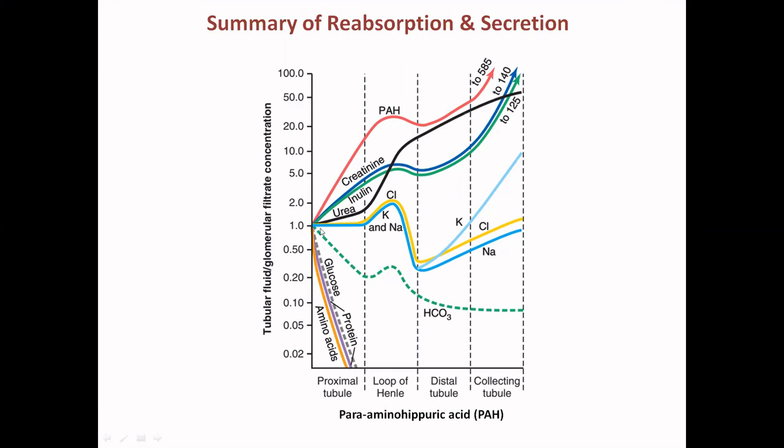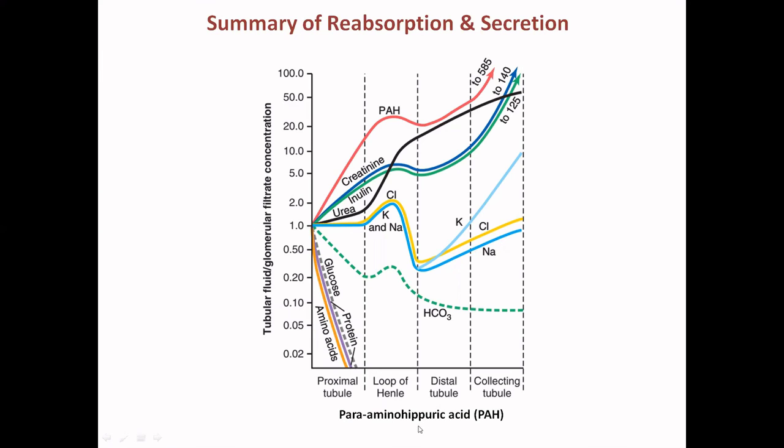PAH, creatinine, inulin, and urea are all found more in the tubule than in the glomerular filtrate in the proximal tubule. Sodium in the loop of Henle is secreted more into the tubule, then it is reabsorbed. Finally, whatever sodium and chloride you find in the urine is like the concentration in the plasma.